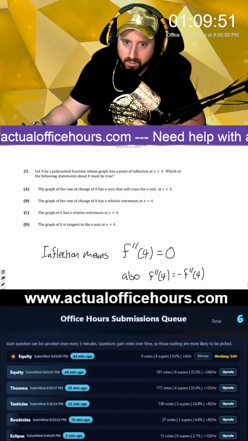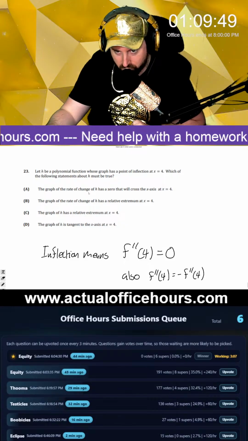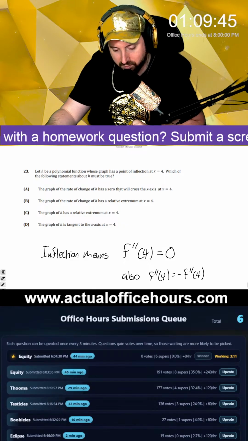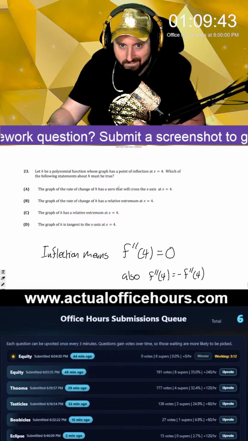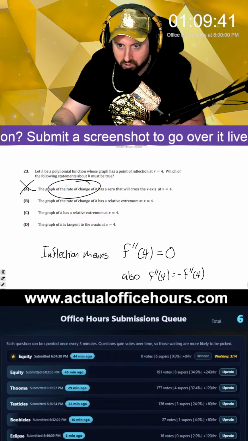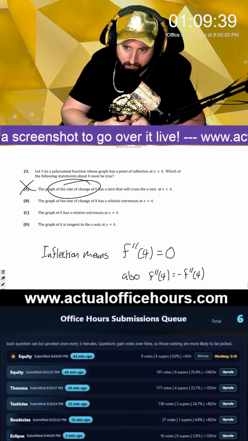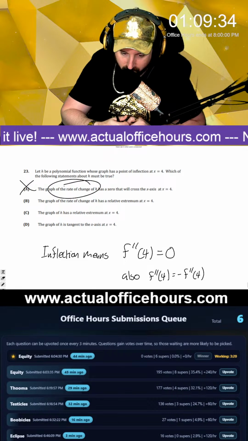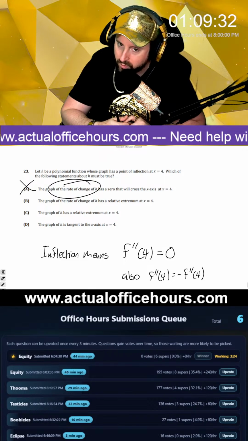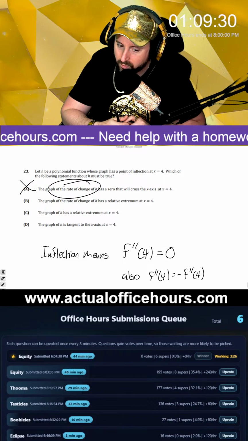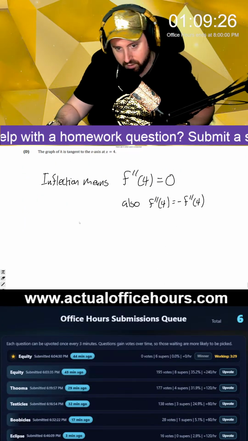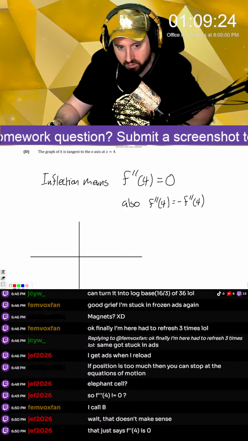Okay. The graph of the rate of change of h has a zero that will cross the axis at x equals 4. Yeah, this rate of change is just the graph of f prime. I don't think it has to have a zero there, because here's what inflection point means. It's when your concavity is changing.